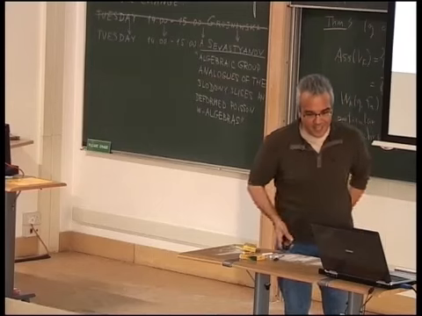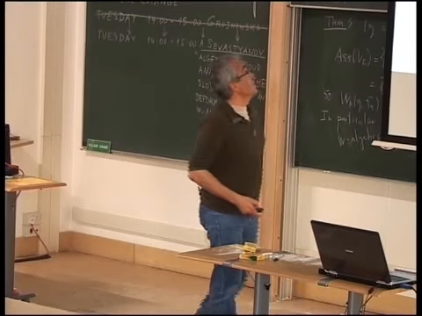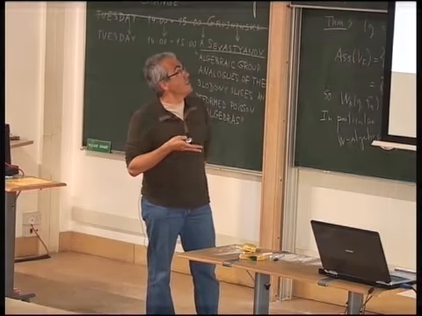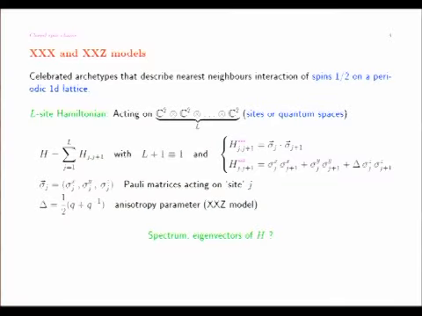So first, the spin chain. I start with the simplest ones, the XXX and XXZ models, which describe in physics interaction of spin 1/2 on a periodic lattice, a one-dimensional lattice. So it's a closed spin chain because the lattice is periodic.